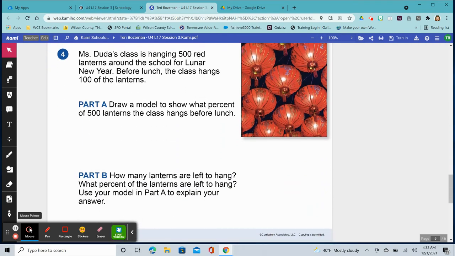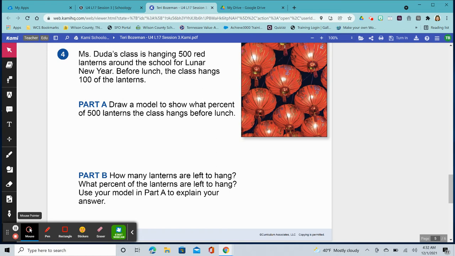All right. Miss Duda's class is hanging 500 red lanterns around the school for Lunar New Year. Before lunch, the class hangs 100 of the lanterns. Draw a model to show what percent of 500 lanterns the class hangs before lunch.